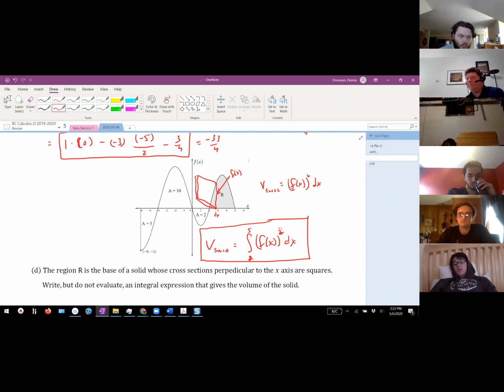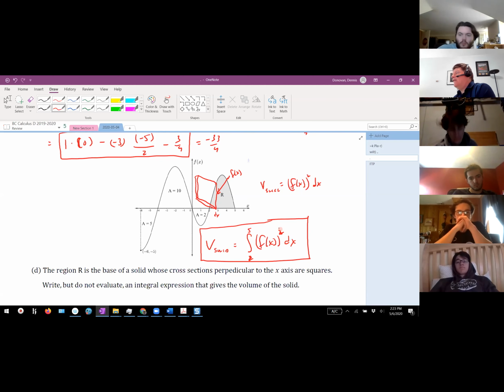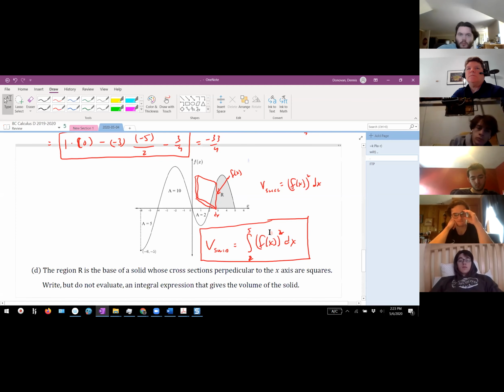There will not be any evaluating. Certainly it wouldn't ask you to evaluate that integral. You can't, because you can't get the antiderivative of that, and we don't know what the graph of f of x squared looks like. So we can't do anything with that either. So that's it.